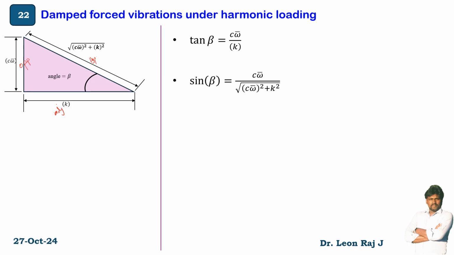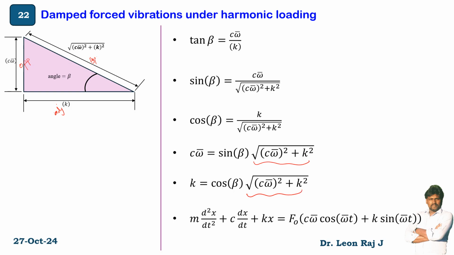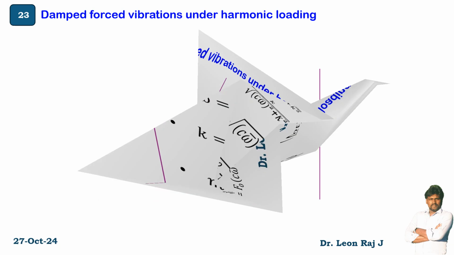Sin beta is equal to c omega bar divided by square root of (c omega bar) square plus k square. Cos beta is equal to k divided by square root of (c omega bar) square plus k square. So c omega bar equals sin beta into hypotenuse, and k equals cos beta into hypotenuse, and your differential equation can be rewritten as m d square x by dt square plus c dx by dt plus kx equal to f0 into (c omega bar cos omega bar t plus k sin omega bar t).